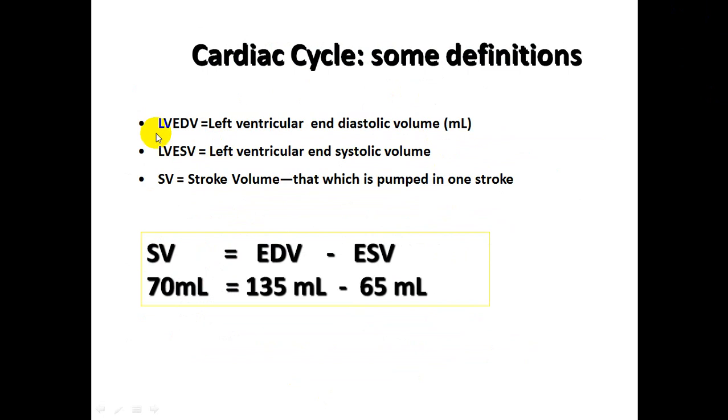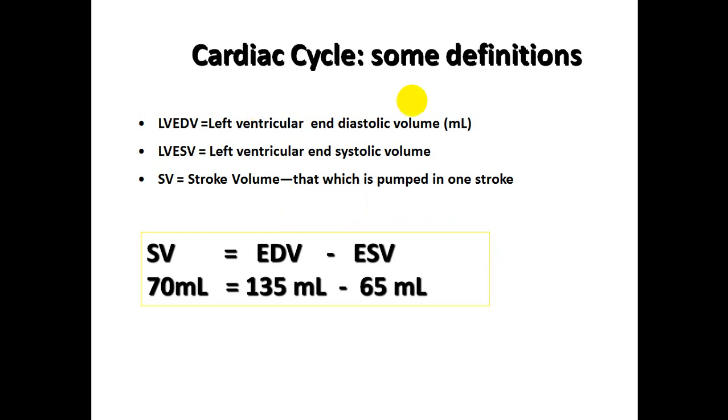Please note, we discuss the cardiac cycle on the left side, the left ventricle. The same events happen in the left and right, with some differences in pressure and timing.